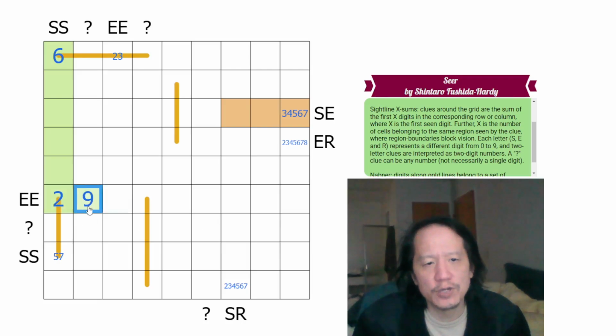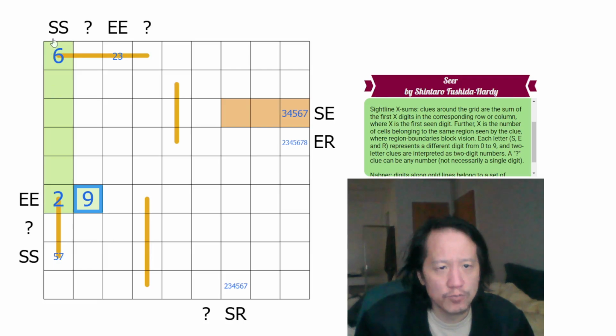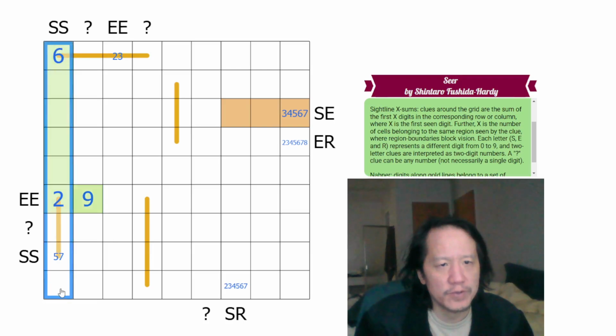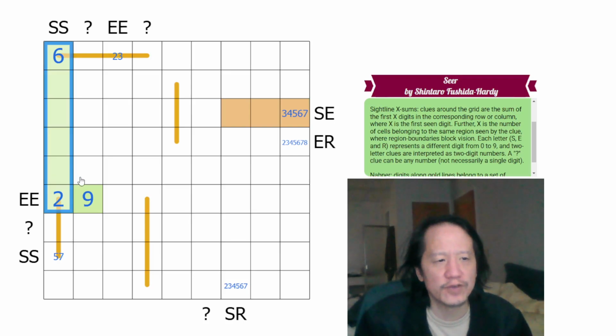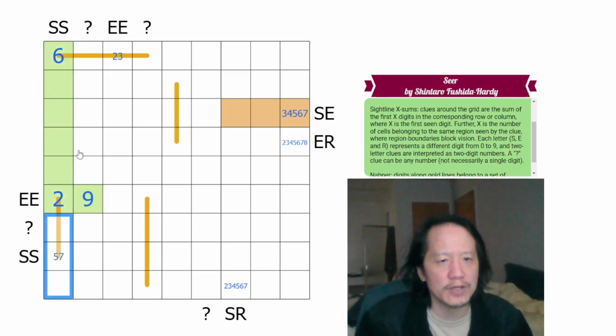If this were 2 and this was 9, well, where is the 9 in column 1? It would have to be in one of these 3 cells. But the problem is that to add up to 33 with 6 digits and a 2 and a 6, you almost assuredly have to have a 9. The only way the 9 could not be in one of these 6 adding up to 33 is if this is 912, which is not possible. So this can't be 2.